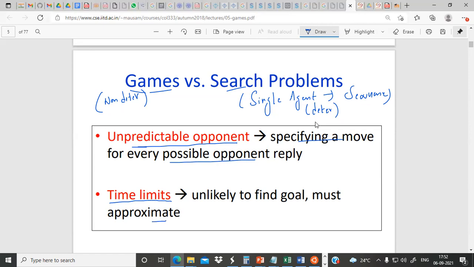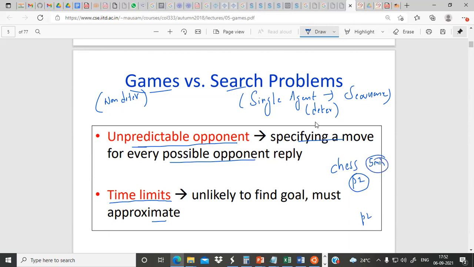What does it mean? It means that you don't have unlimited time. Within a specific time, you have to make the next move. Say for example, let us consider chess with a timer. There are two players, player one and player two. If it is player one's turn, player one will have some time. Player one should make the move within 5 minutes.